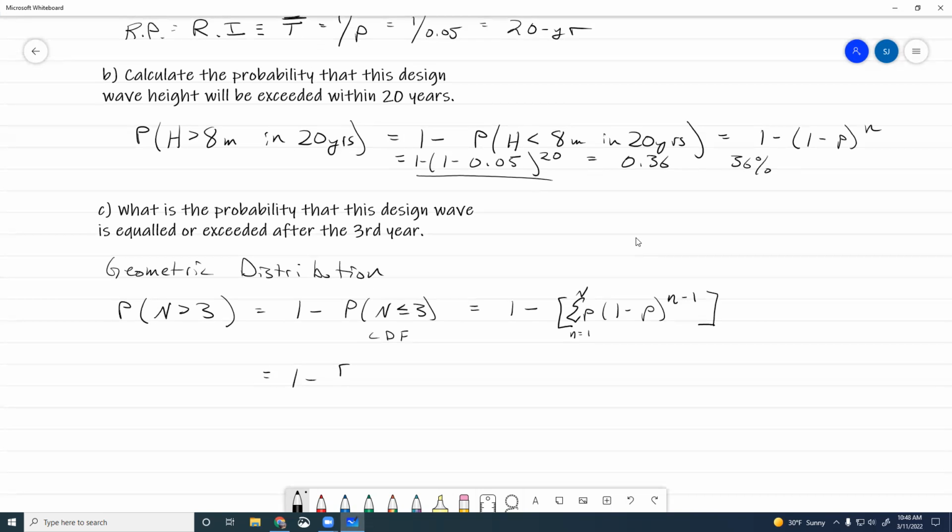We'll do 1 minus, and then we get 0.05 times 0.95 to the 1 minus 1, plus 0.05 times 0.95 to the 2 minus 1, plus 0.05 times 0.95 to the 3 minus 1.